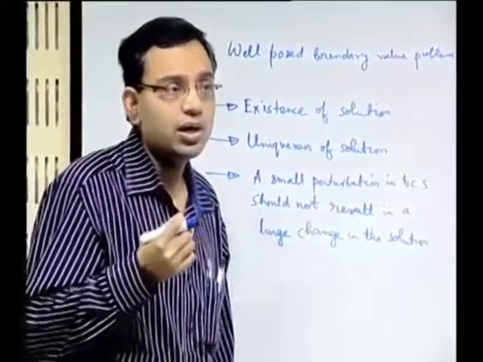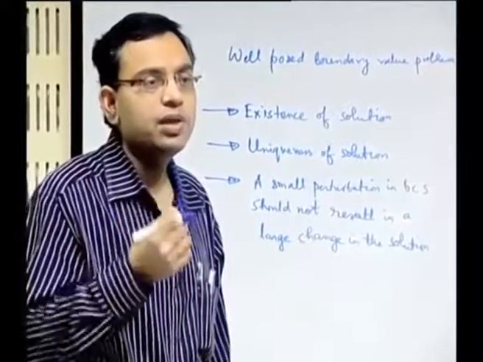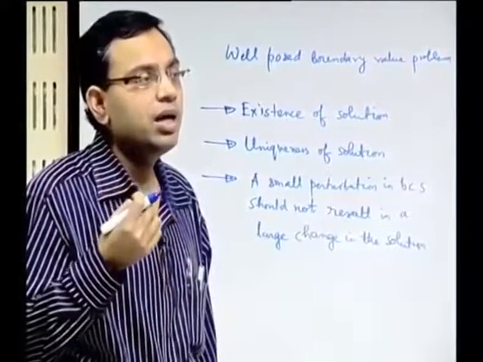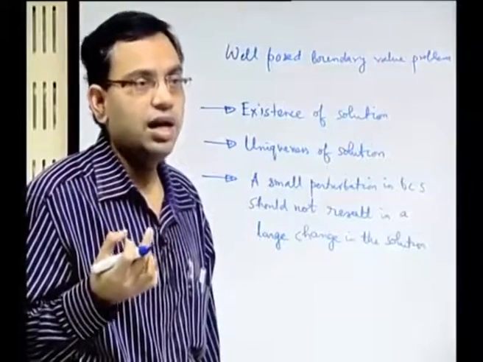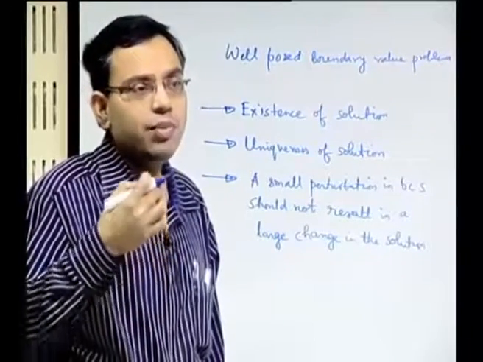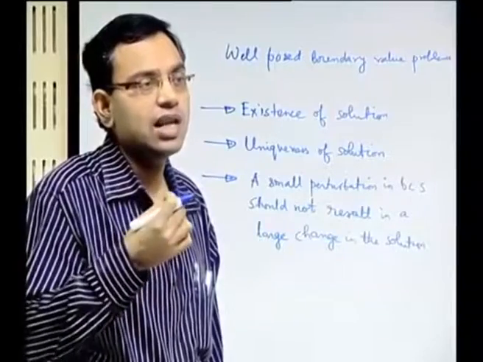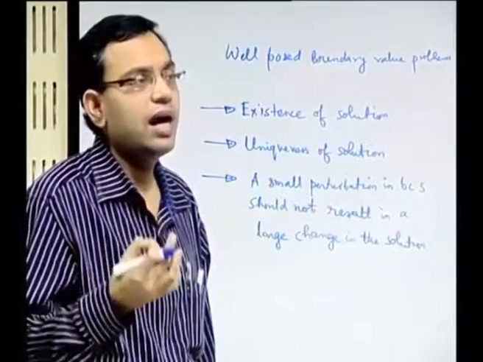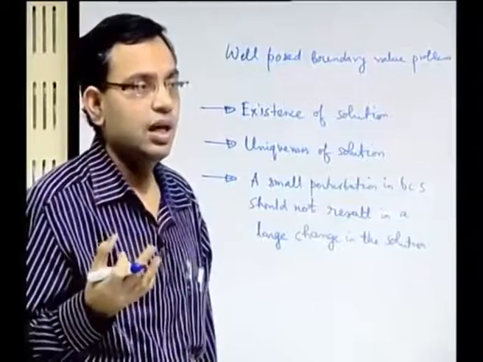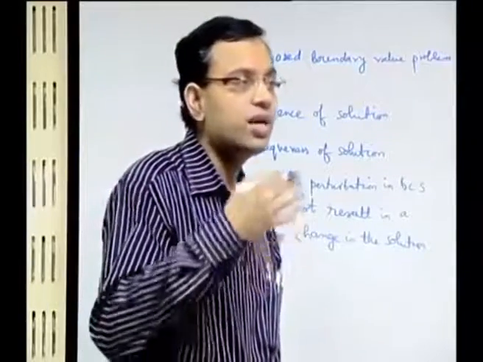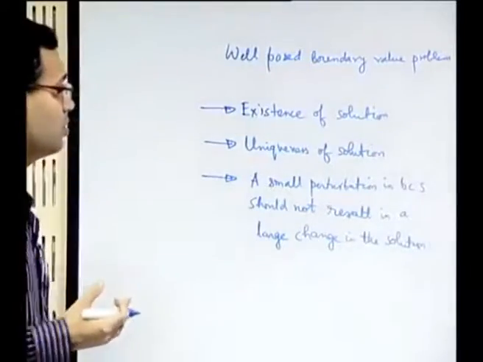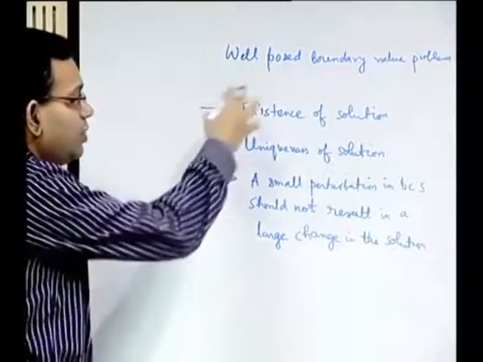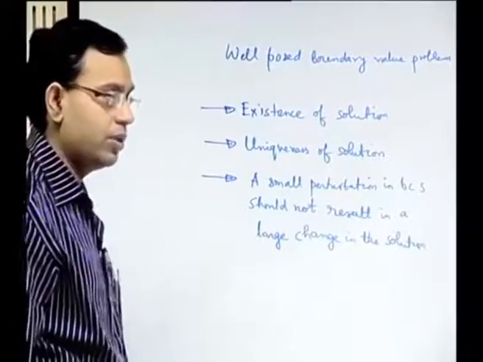This is very important, because a perturbation in the boundary condition may be unwillingly implemented through round off errors, and then it may be possible that because of that slight round off error you could have a large change in the solution, and that means the problem is oversensitively dependent on changes in the boundary condition. So if such situations occur, we do not call it a well posed boundary value problem.